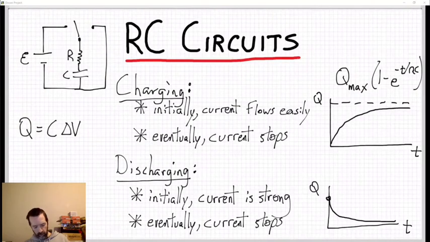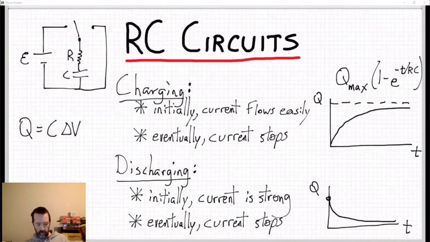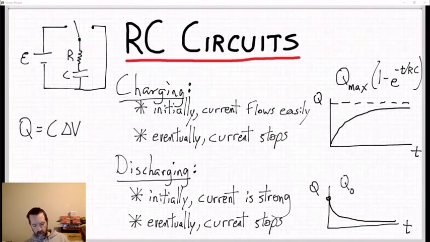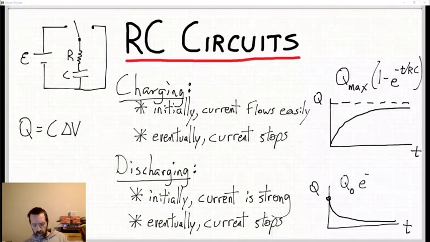That is not a very pretty RC. So the growth function has a form like that. And the decay function is simpler. I'm going to use a Q naught this time instead of a Q max. But it would be Q naught times e to the negative t over RC.